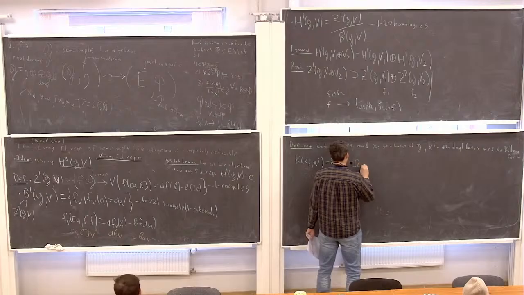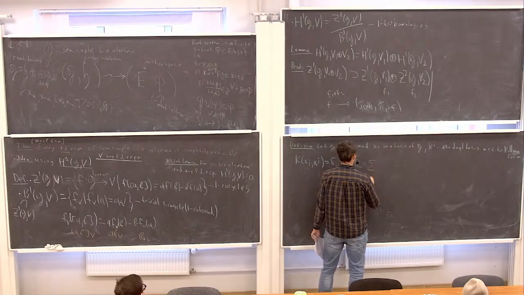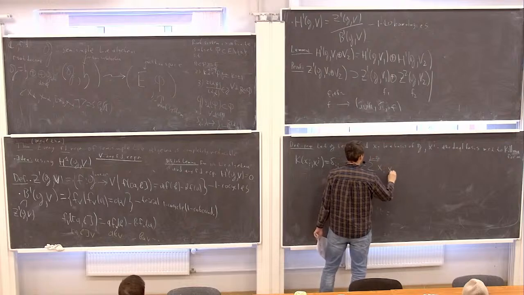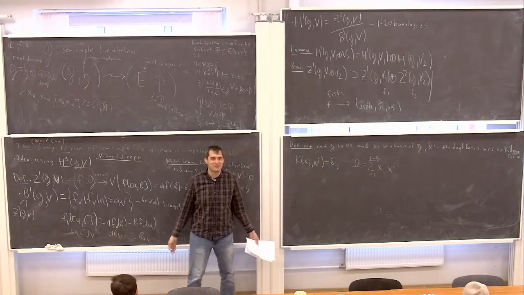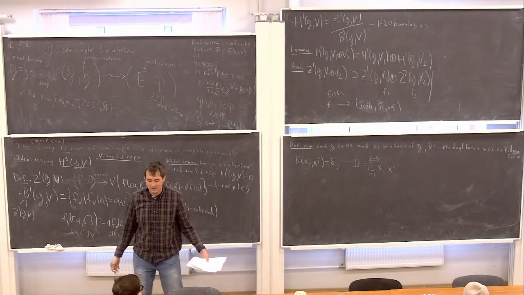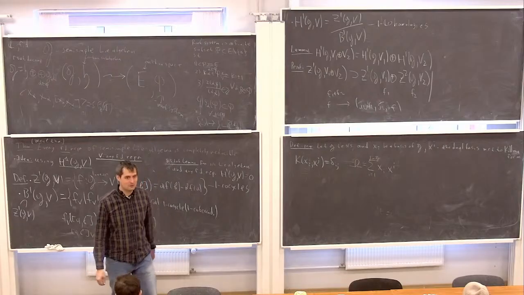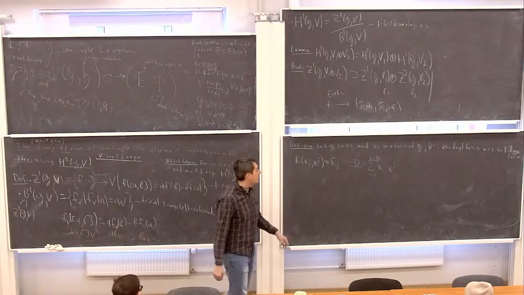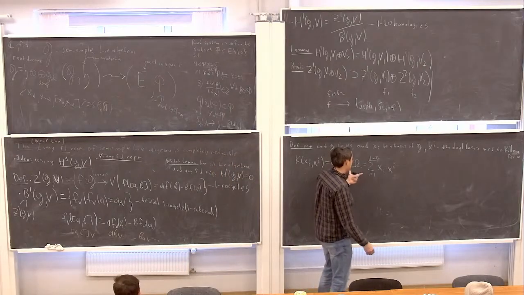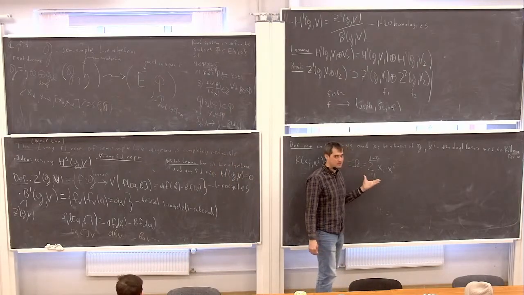Consider element omega, which is equal to the sum over i from 1 to dimension of G of x_i times x^i, and it doesn't make sense because I can't multiply elements of a Lie algebra. If you know what is the universal enveloping algebra, then you could consider this as an element of it. If not, anyway, this guy acts on any representation.